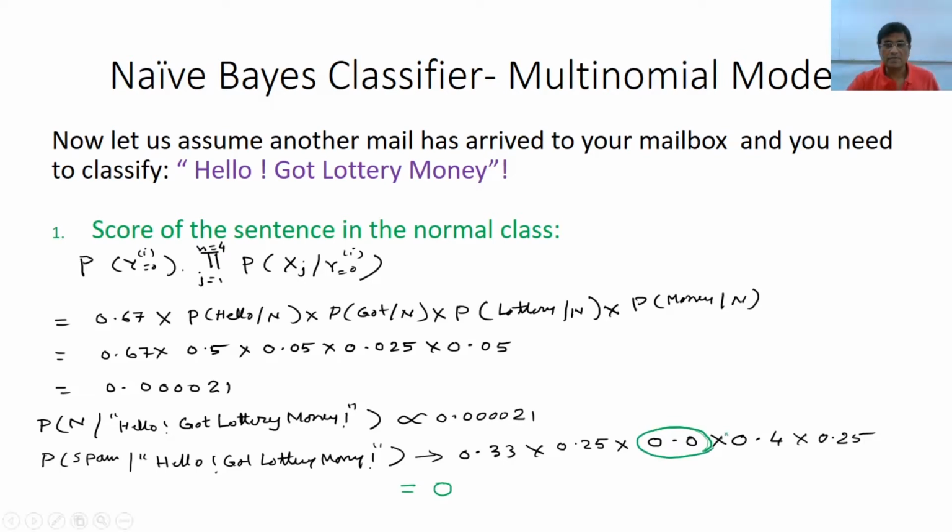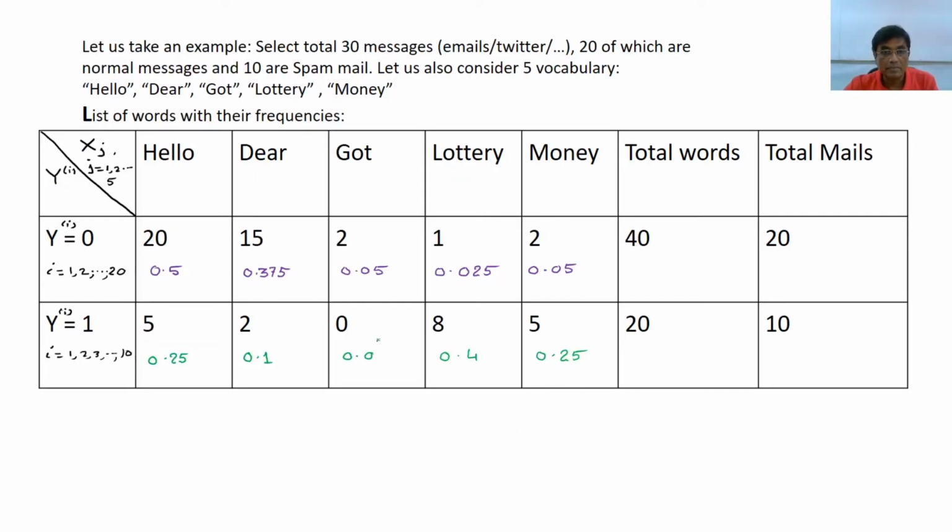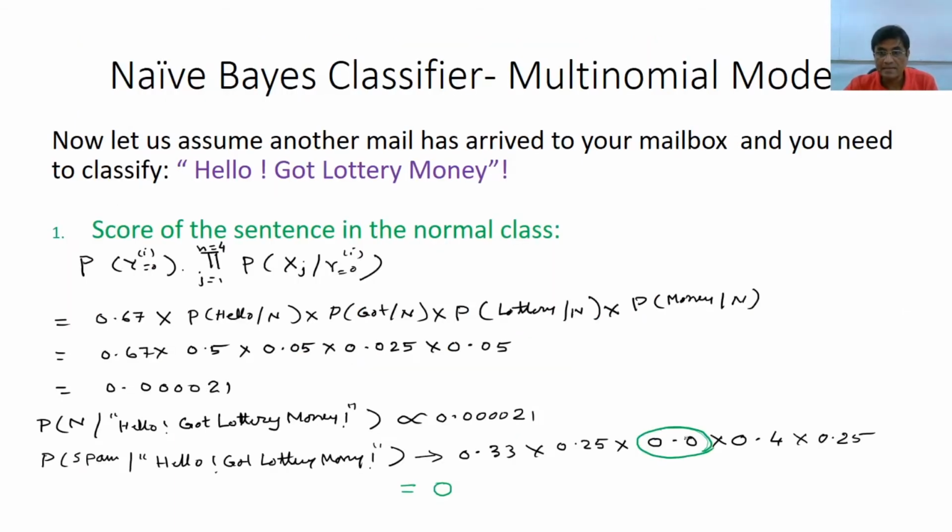Now what has happened, you see? Due to this, individual probabilities are to be multiplied, and now you have a word in spam, which incidentally here is "got", and which has 0 probability. That is creating a nuisance. Whatever values the other words might have, whatever spam it might be, the probability of that sentence belonging to spam class will always be 0 because of this.